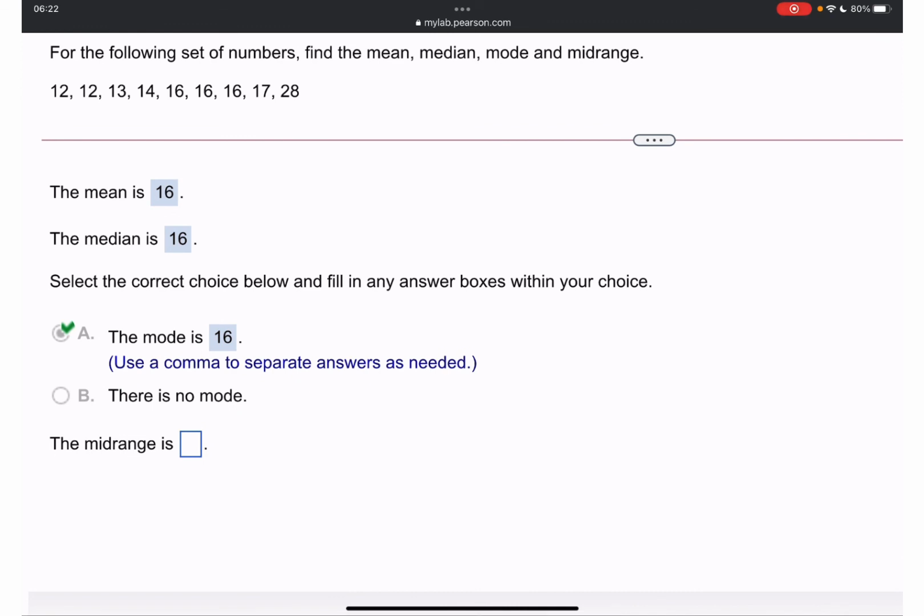We still have the mid-range to identify. So how are we going to figure out the mid-range? We are going to take the upper level, which in this case is going to be how much? 28.